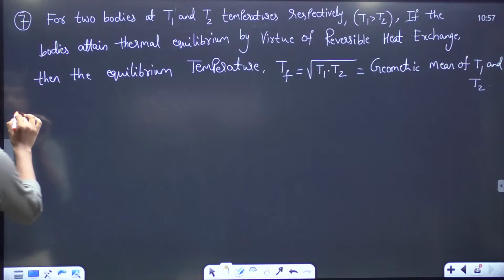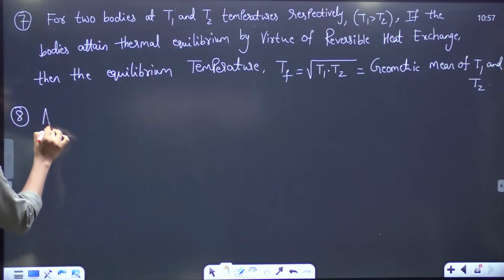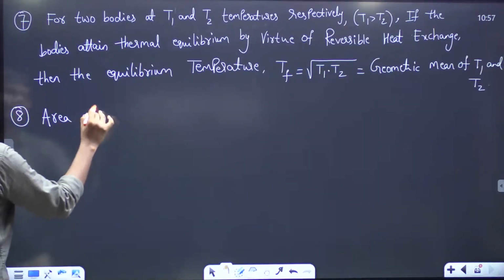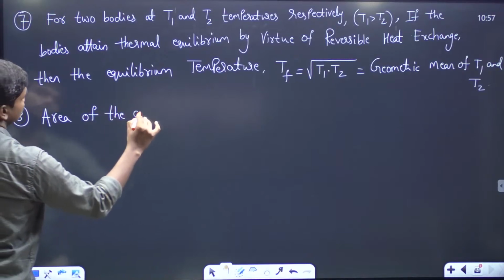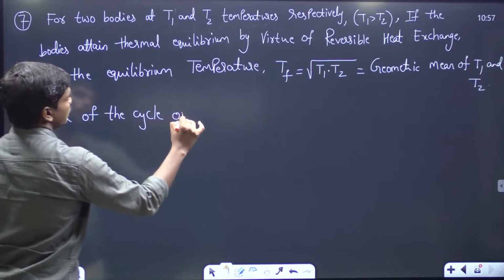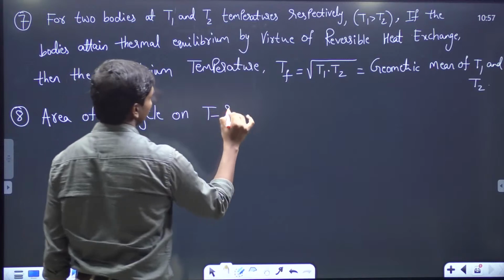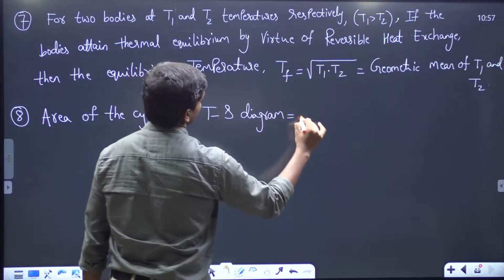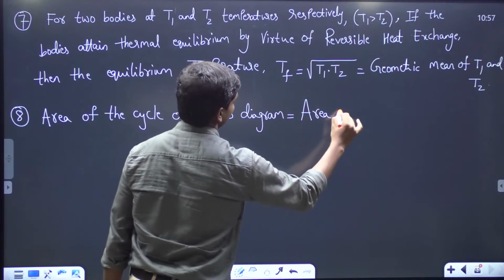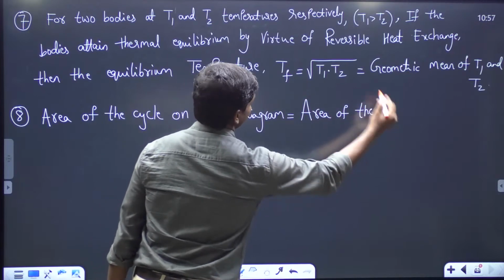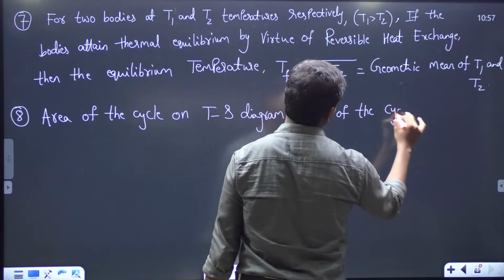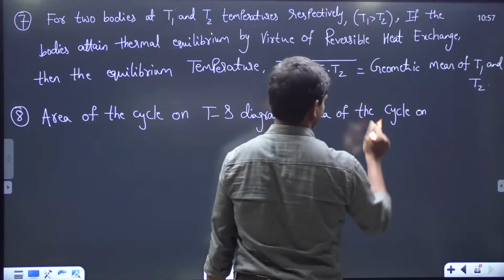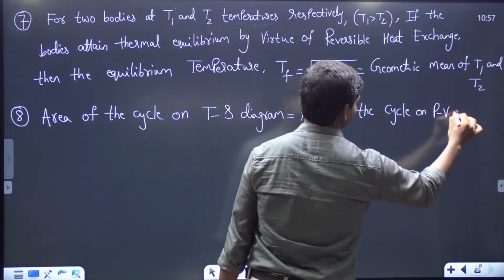So this is what we have, and the area of the cycle on the TS diagram, basically the temperature entropy diagram, is equal to the area of the cycle on the PV diagram.